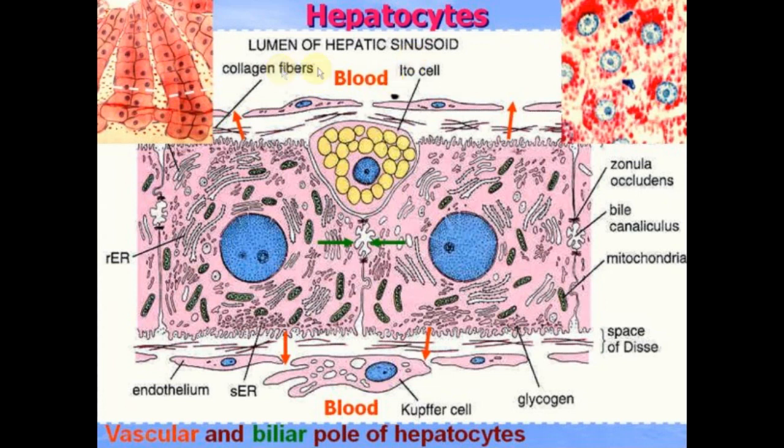This is the blood flow inside sinusoids. It is lined by fenestrated endothelial cells which contain no basal membrane.